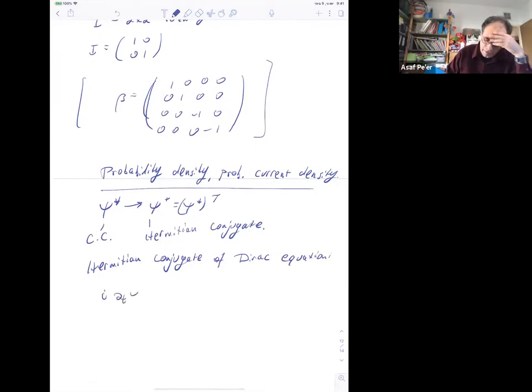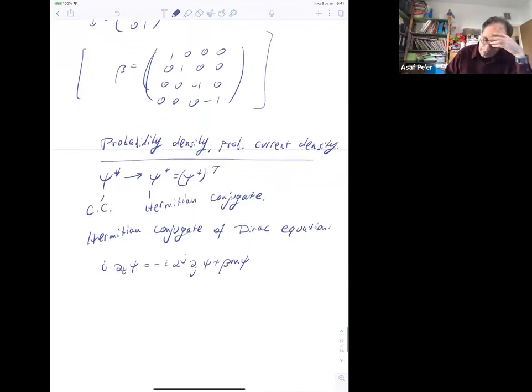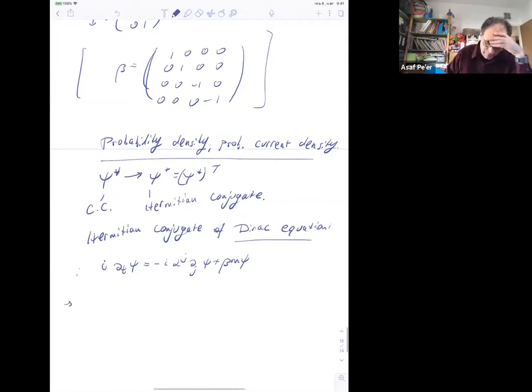i ∂t ψ = -i α^j ∂j ψ + β m ψ. This is the Dirac equation. Hermitian conjugate: -i ∂t ψ† = +i ∂j ψ† α^j† (note that I switch the order) + m ψ† β†.